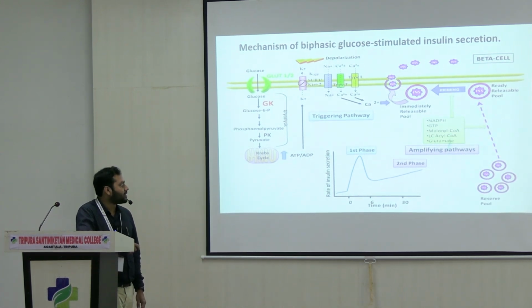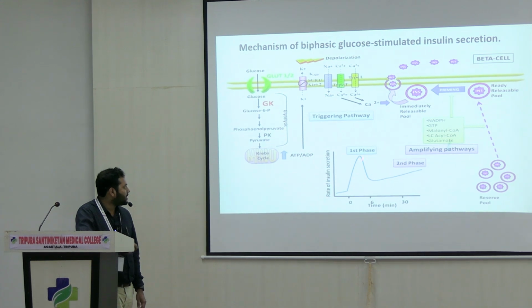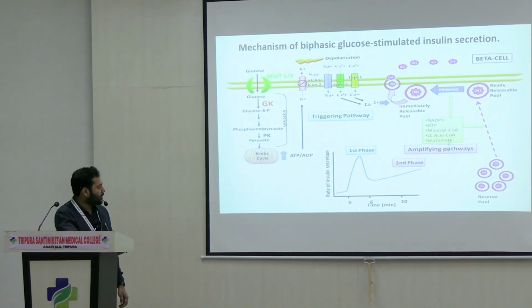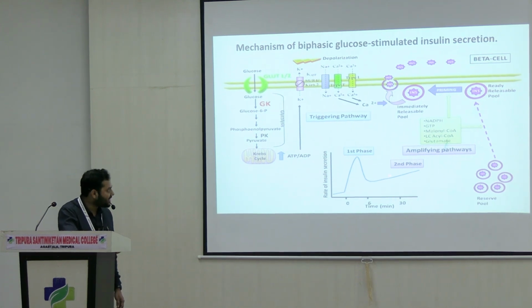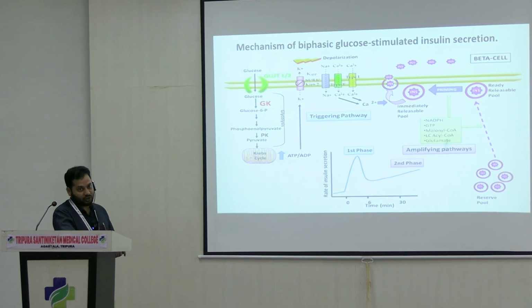These are some other factors that amplify the formation of ready to release pools of insulin, which allows the rapid efflux of insulin hormone, right? After completion of the first 4 to 6 minutes, it passes to a sustained phase of insulin secretion, right? This is called the second phase of insulin secretion. It means the rate of insulin secretion is influenced mainly by two things: the availability of calcium ions, and, at the same time, amplification by some other factors. This is what biphasic secretion of insulin hormone is. So, in the initial phase, the secretion is very rapid and it continues up to 6 minutes. After that, there is a sustained secretion, or it maintains a steady level of insulin secretion.